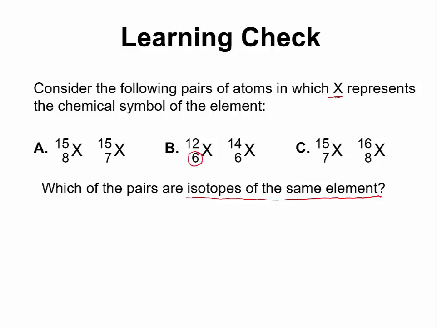So, in that regard, these two have the same number of protons. This is disqualified because they have different numbers of protons. So, will this be disqualified because you have different numbers of protons? But they are isotopes because they have different mass numbers.